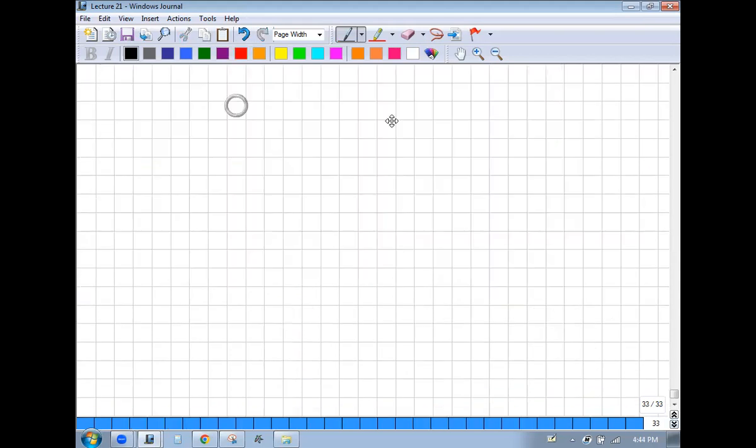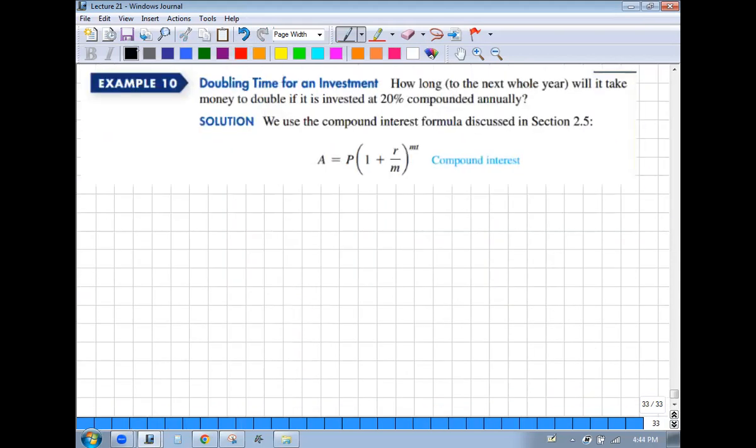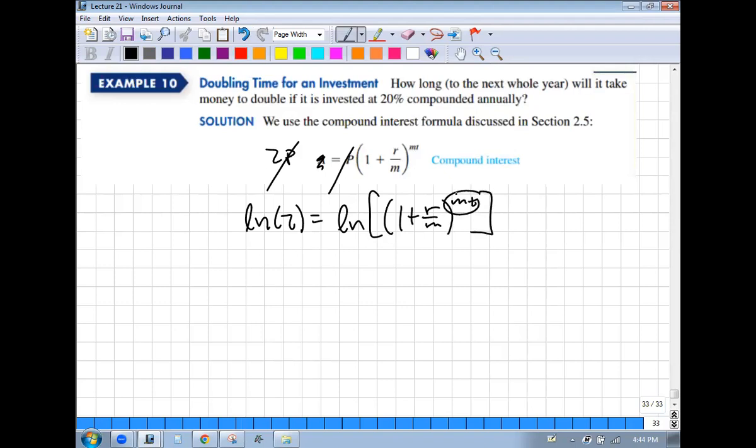If we started off with this, and let's say I replace A with 2P, the P's go away. So to get the T by itself, I take the natural log of both sides, because this is an exponent, I can bring it out front. So I have natural log of 2 equals MT, natural log 1 plus R over M.